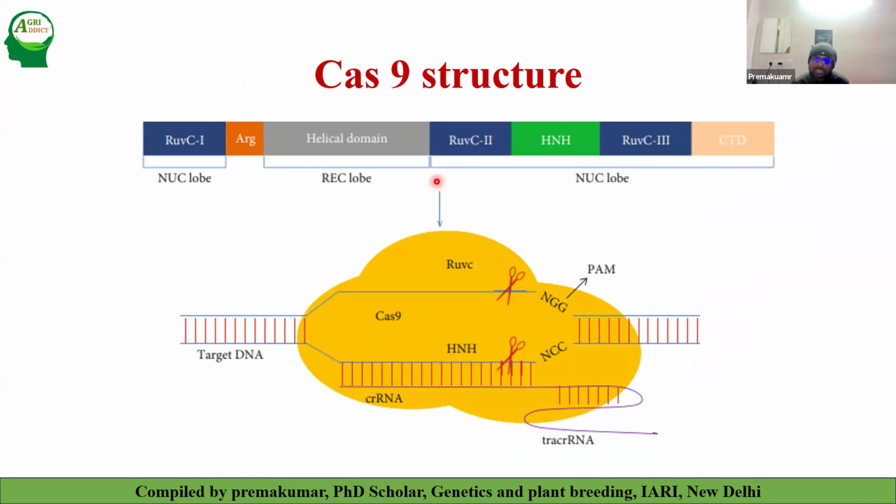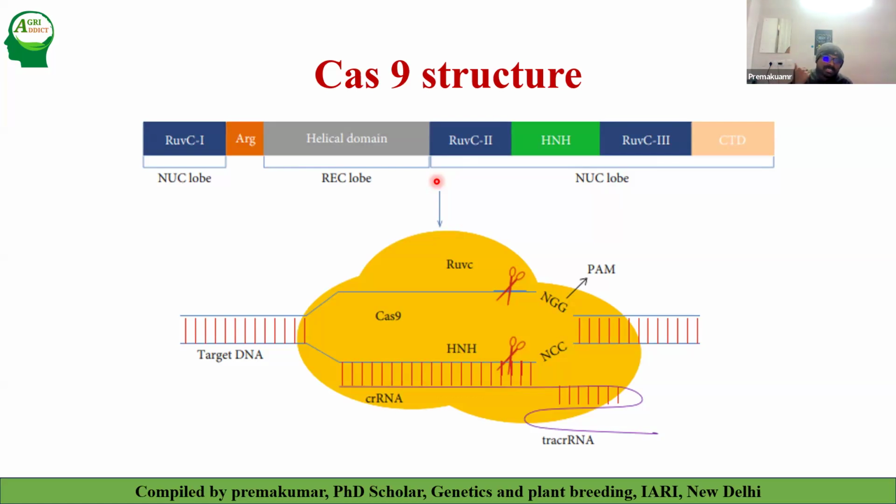It should include NGG, and you have to target the gene adjacent to this PAM sequence. If there is no PAM sequence, it is very difficult to design. But it occurs regularly, because N is any base, followed by a repetition of GG.